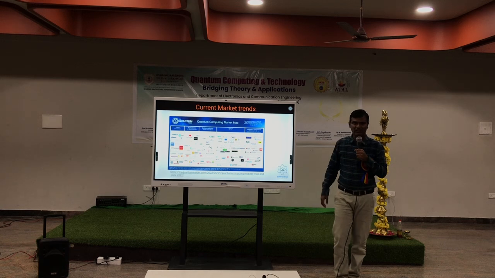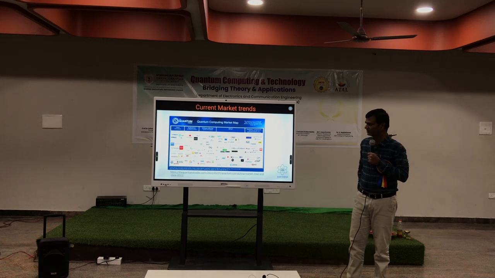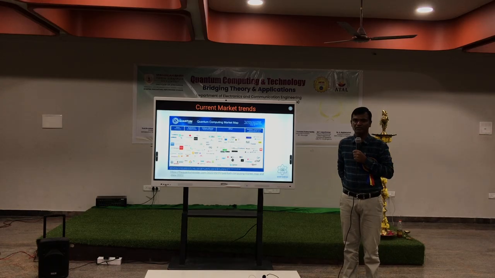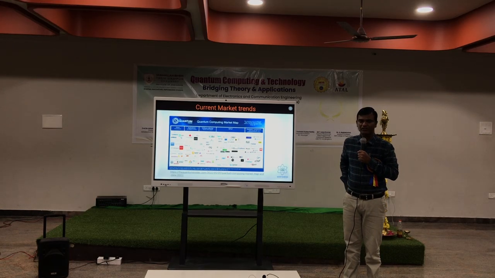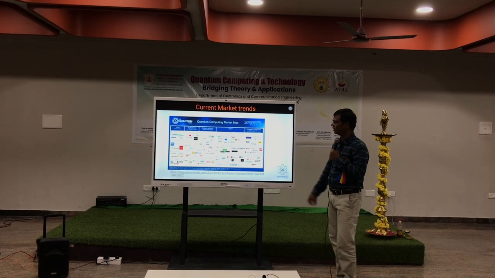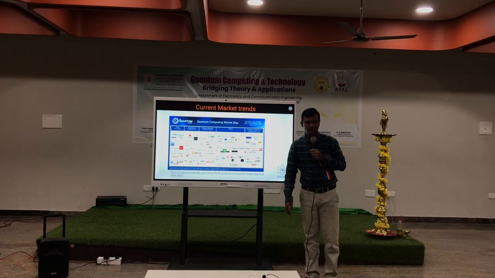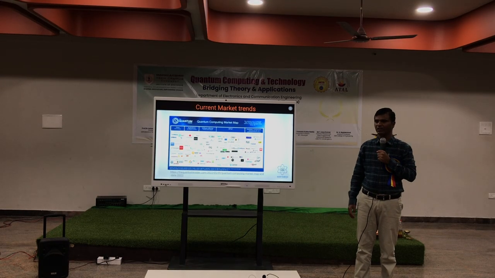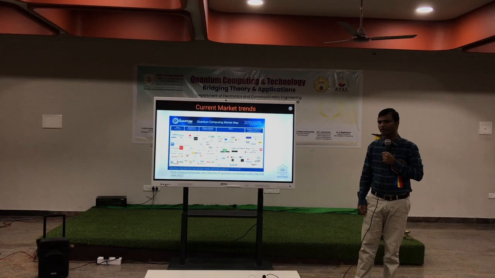And these are the market trends. There are several quantum startups which are mainly focusing on quantum computing. IBM is the front runner among the few companies, and they are spending billions of money throughout the world.